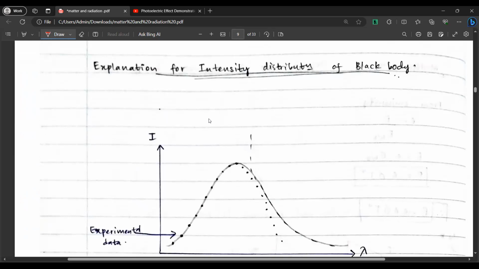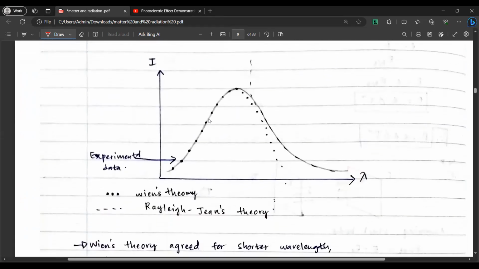Expression for intensity distribution of a black body. Here, this solid line drawn with the pencil is the experimental data. And there was a theory, Wien's theory. His theory was only suitable for smaller wavelengths, but for larger wavelengths it's deviating.